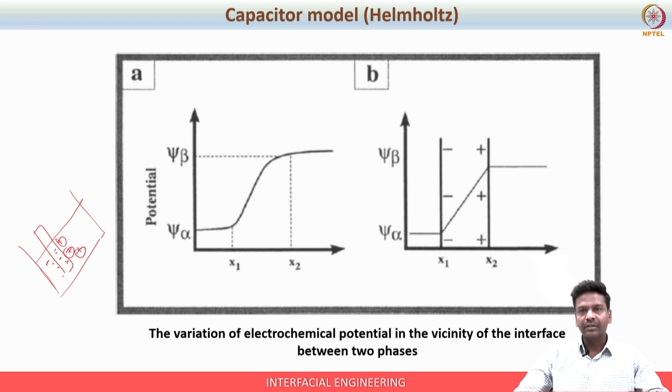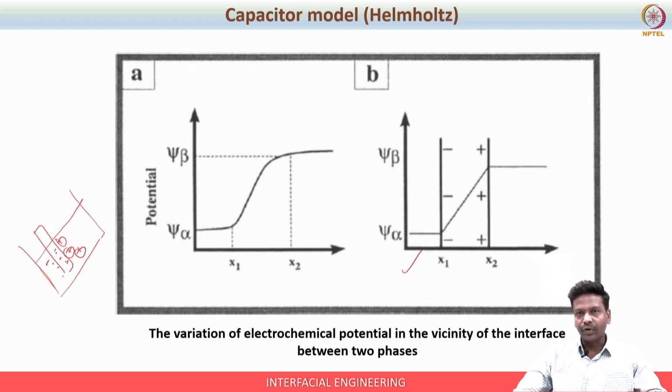In such a case, the variation of the potential will be linear. That is exactly what we have shown in the schematic. If you separate the solid surface and the counter ion layer, assuming the counter ion layer is also a rigid layer, both will be carrying equal and opposite charge.